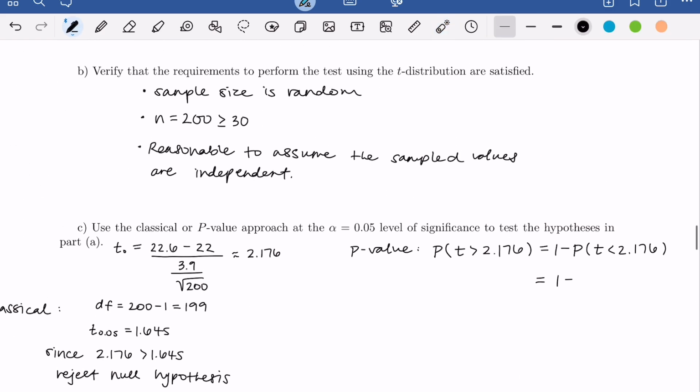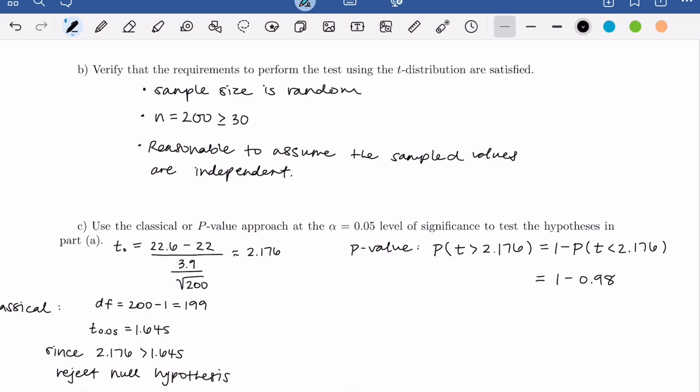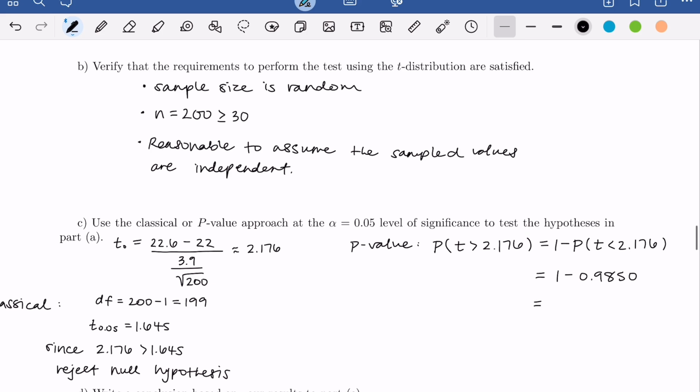So going back to this guy, we're going to end up with approximately 0.015. Now notice 0.015 is less than our level of significance.